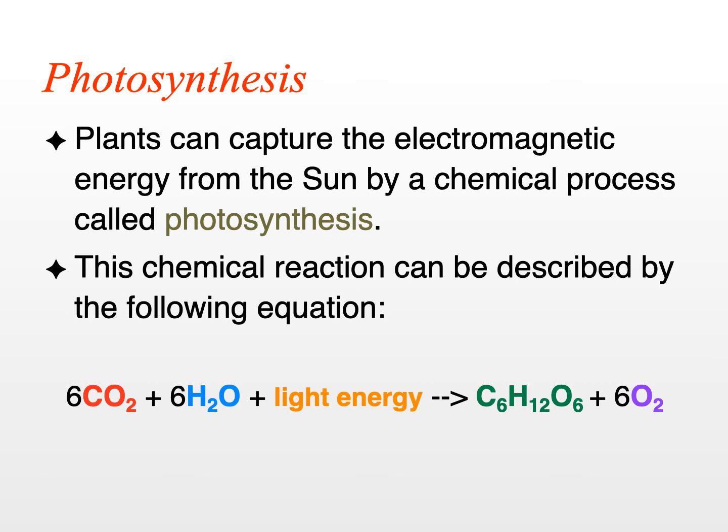That means 6 atoms of carbon, 12 atoms of hydrogen, and 6 atoms of oxygen form glucose. The other byproduct of photosynthesis is oxygen, and 6 molecules of oxygen are produced. The value 6 is shown there to balance the equation.